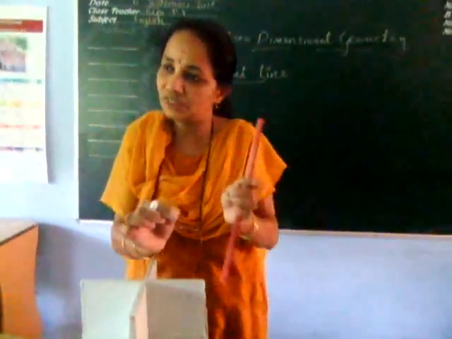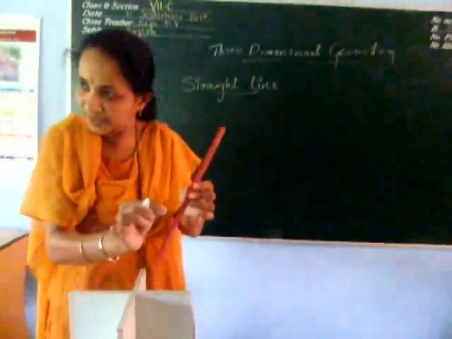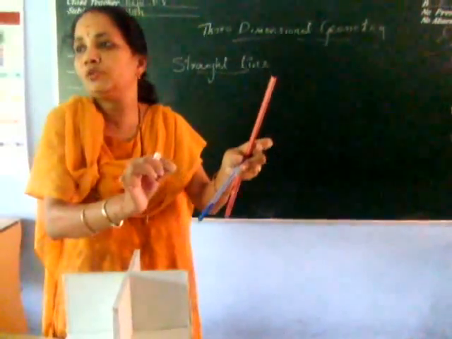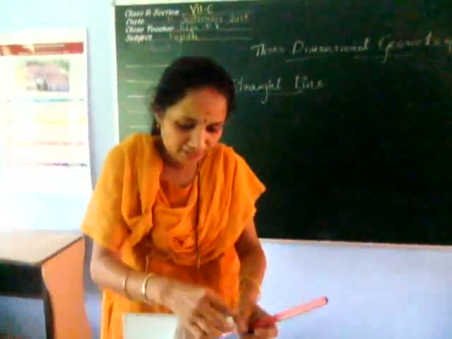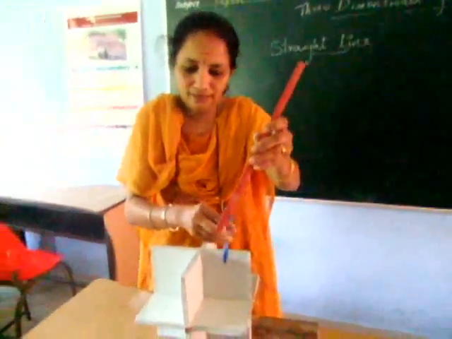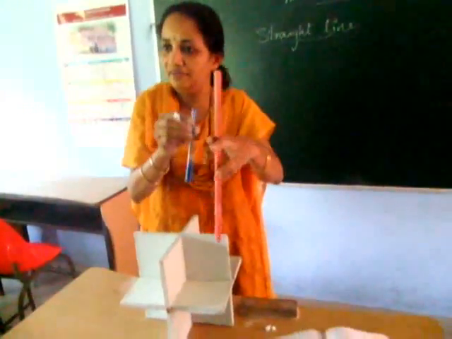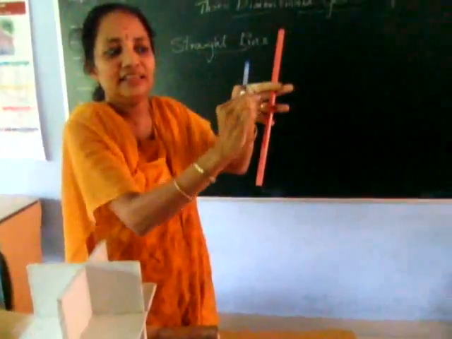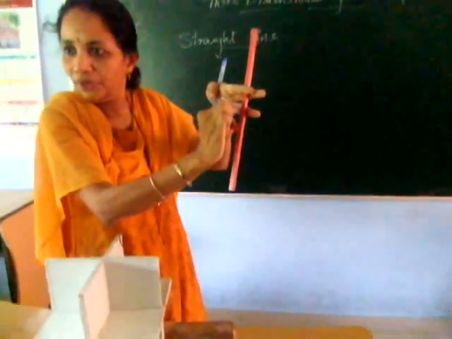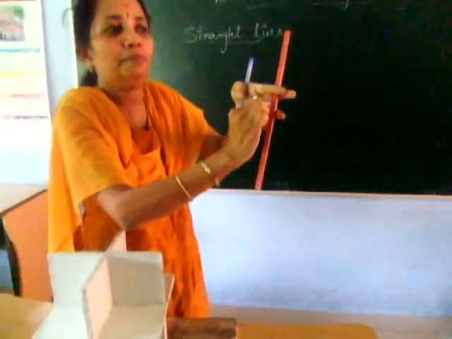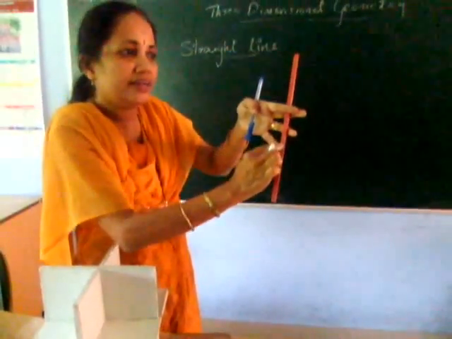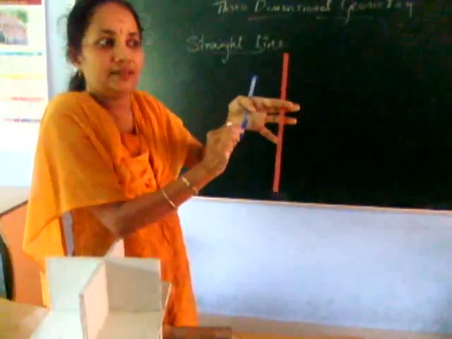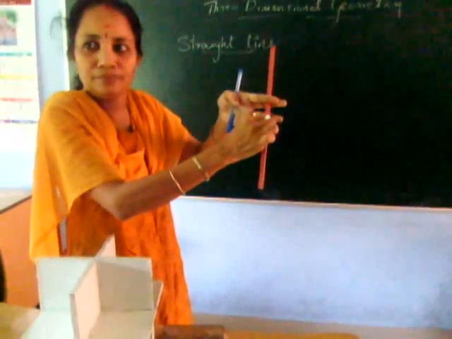So let us consider the first condition to locate the straight line in space as a vector parallel to the line. Suppose this is the straight line and this is the vector parallel to the line. Here somewhere the point is given, and to locate the line passing through the point, another condition is given as another vector parallel to the line.